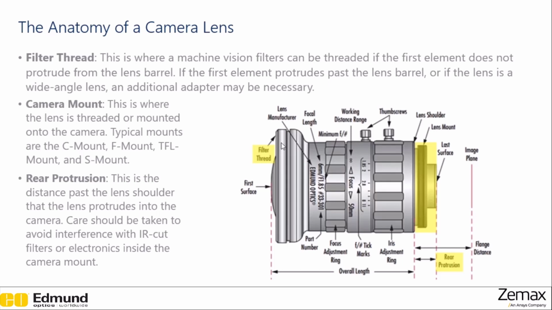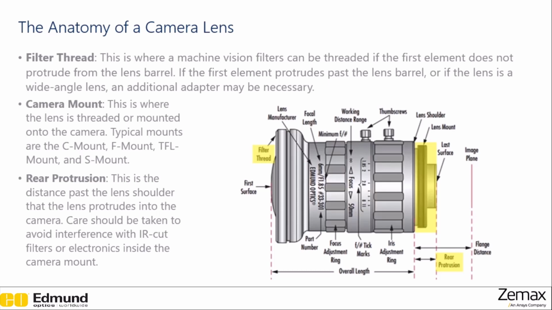So that's this front edge here where you can thread additional things like polarization sheets and various things a computer may want to filter the information that's coming through the lens. However, if the lens is poking out, that may stop the component from being threaded on due to physical space, in which case you may need an adapter to move that component forward.